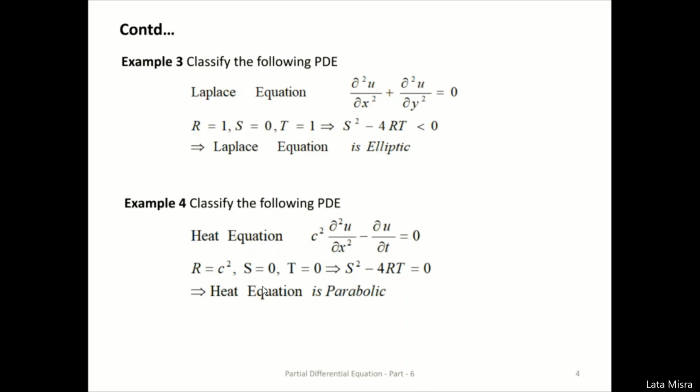So S is 0 and T is 0, and when we use these in S square minus 4RT, we see S is 0 and the product RT is also 0. So S square minus 4RT is equal to 0, and when S square minus 4RT is 0, it is parabolic. So the heat equation is parabolic.